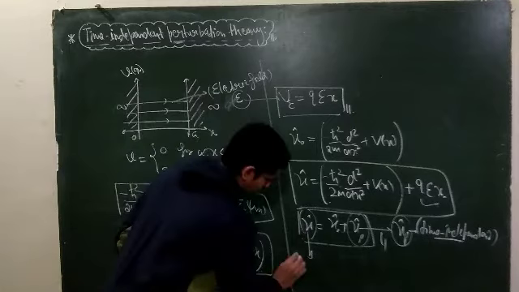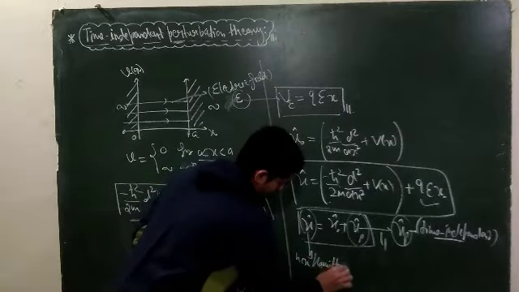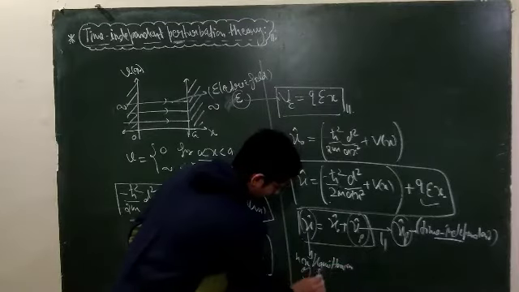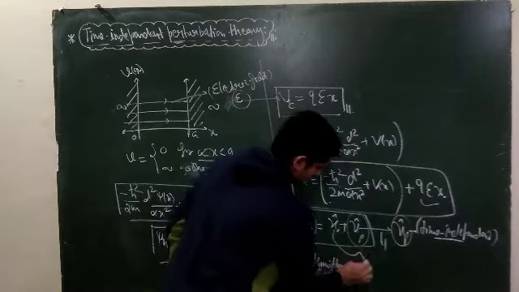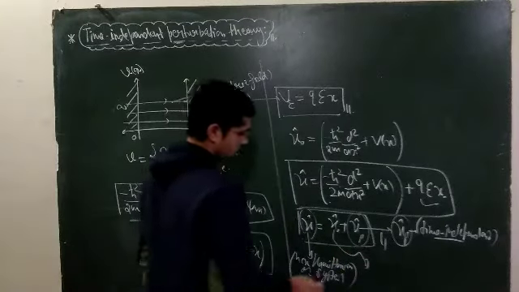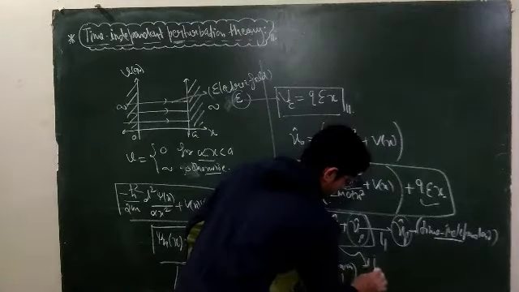So this is the new Hamiltonian of the system, right? And this is the unperturbed Hamiltonian, which we can solve exactly.